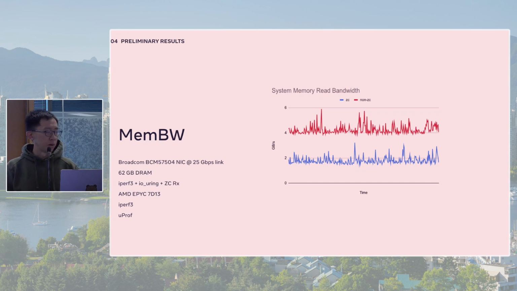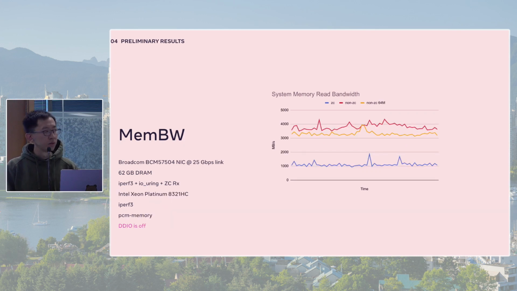I'll show results for both an AMD and an Intel system. All of these numbers were measured using vendor-provided software. For AMD, we used uProf to measure this, and for Intel, we used PCM. So for the AMD system, we see the difference between zero copy and non-zero copy. There is a significant reduction in the overall system memory bandwidth.